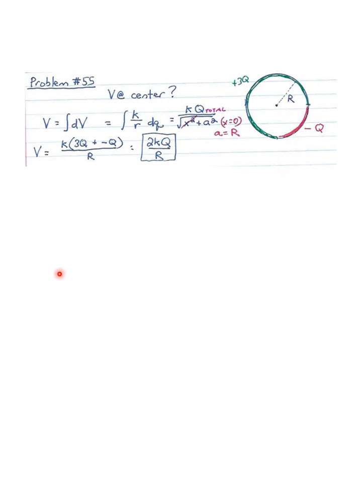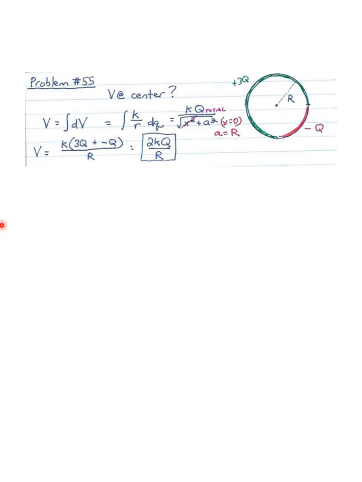What we're going to do is take the sum of all the little dV's. So voltage is the integral of all the dV's, and that equals k dq over r. And what we can do is think about what we got out of the last example with a charged ring along the axis.